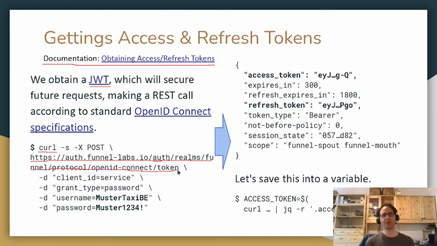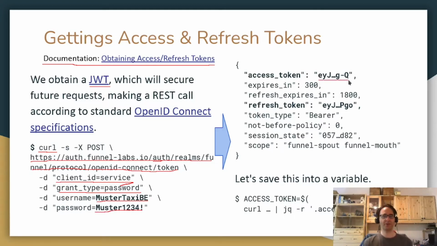It's a long URL, but that is actually the standard URL format for the OpenID connect protocol. So we have to set a few query parameters in our request because it's actually a form submission. The client to be used is called service. We're asking for a password access. In this case, you just enter your username, you enter your password, and what you get back is an access token.